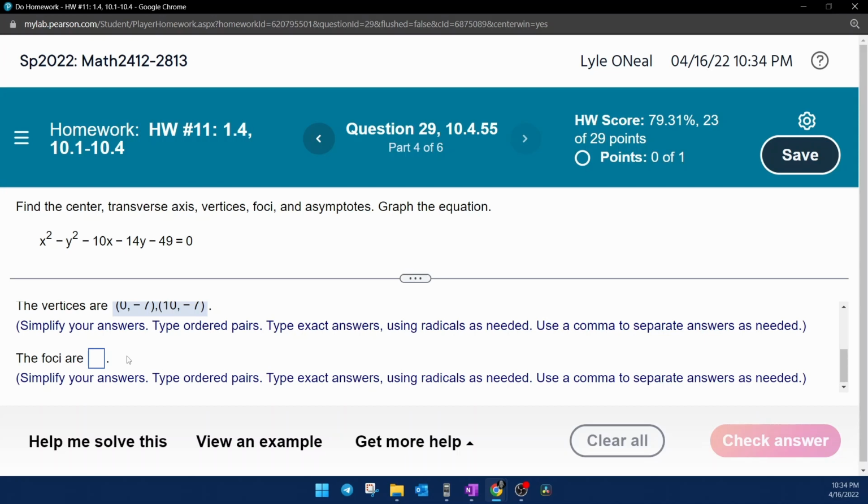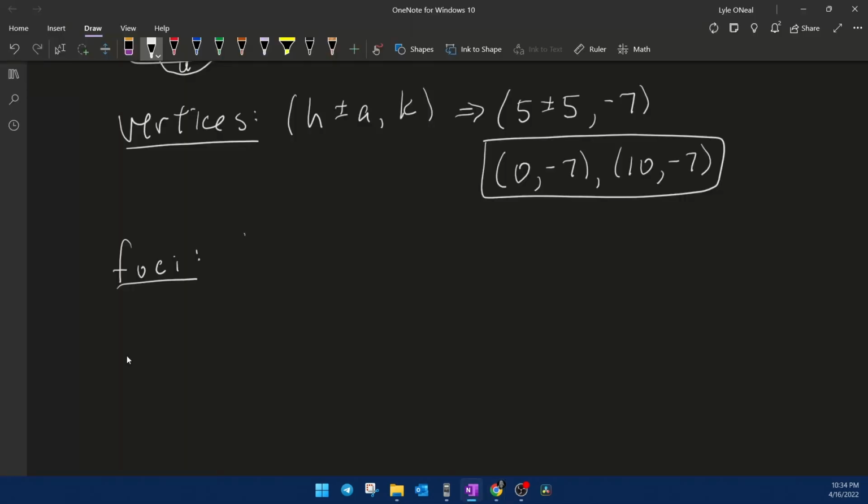Next, the foci are. Well, the foci formula is h plus or minus c, comma k.